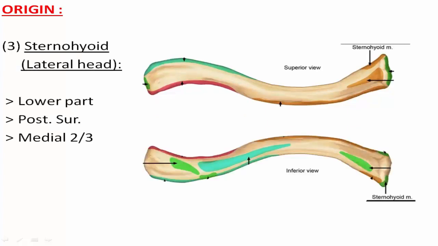Next muscle is sternohyoid, lateral head. Sternohyoid originates from the posterior surface, lower part of medial two-third part. So, out of four surfaces, three surfaces of medial two-third give origin to different muscles. Anterior surface pectoralis major, superior surface sternocleidomastoid, and posterior surface sternohyoid muscle.